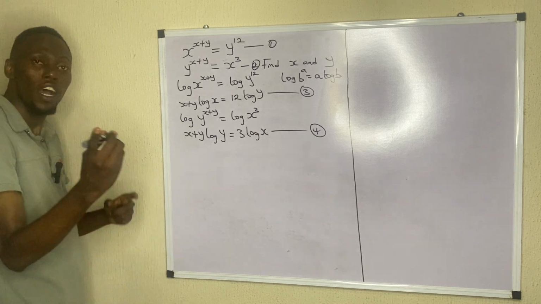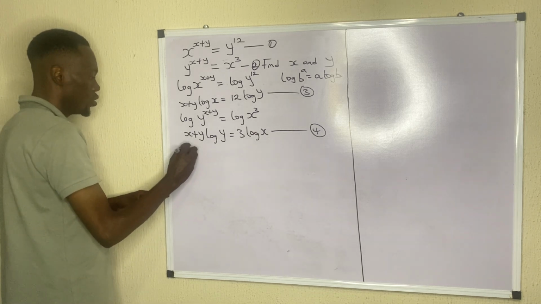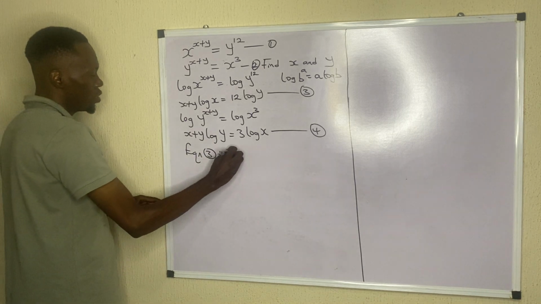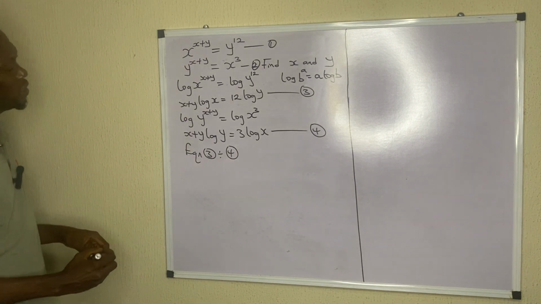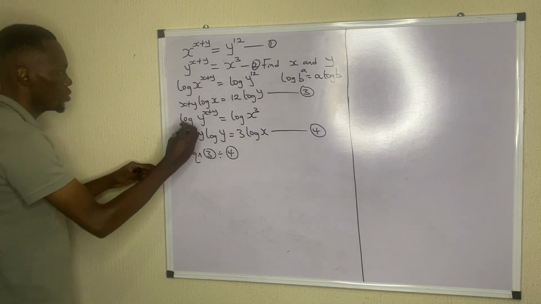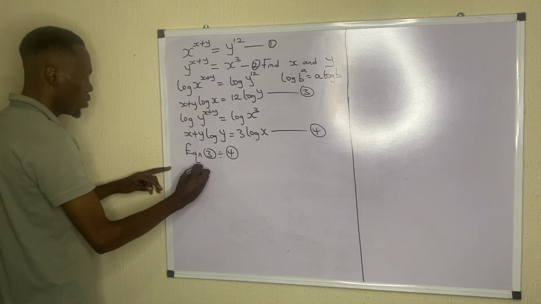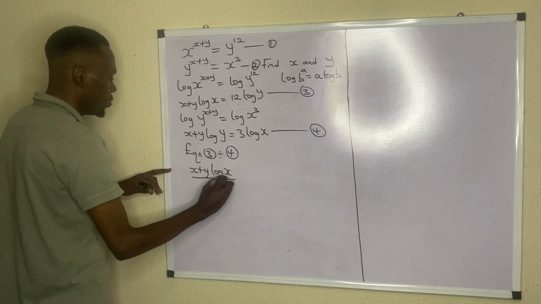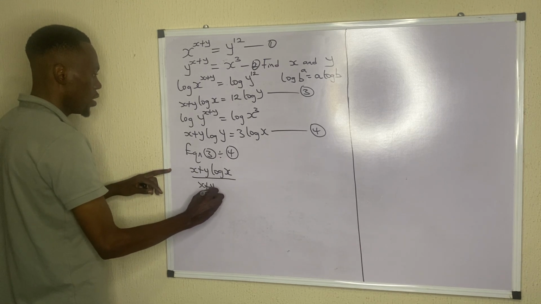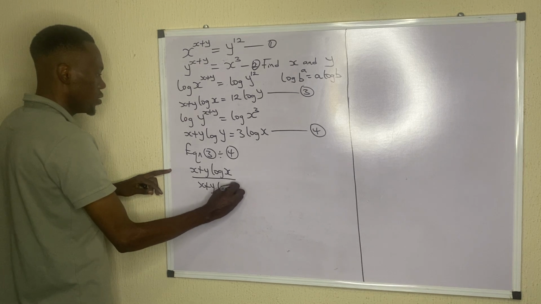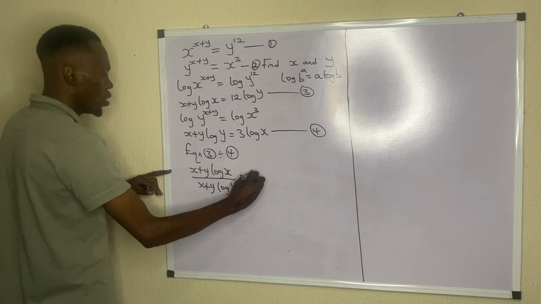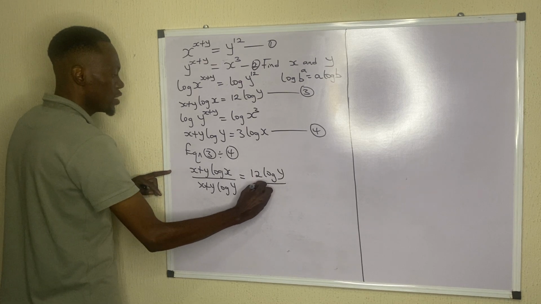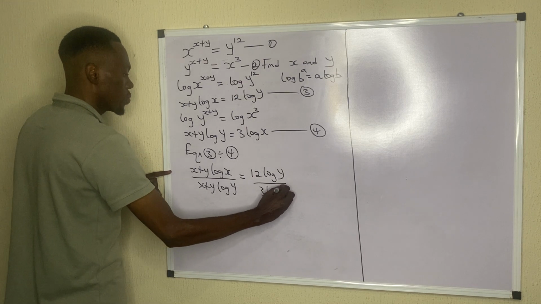Then from here, I can actually say equation 3 divided by equation 4. So I would have x plus y log x divided by x plus y log y is equals to 12 log y divided by 3 log x.